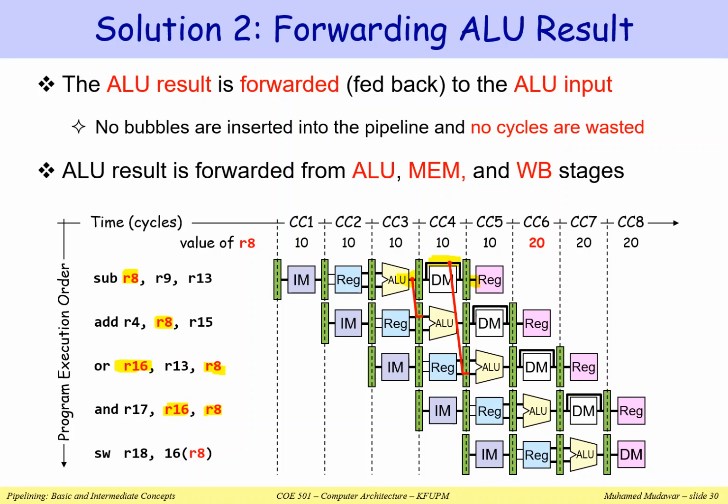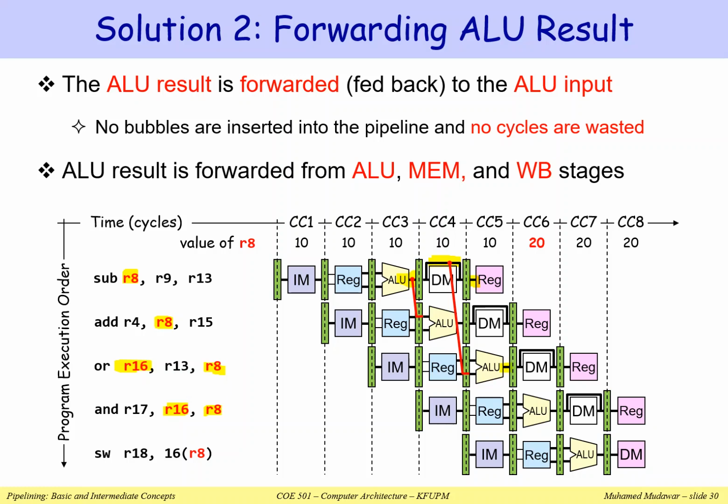So what we have to do is forward the result of the subtract instruction. The result of the subtract instruction is now at the input of the register file at clock cycle number 5, and the result of the OR instruction is at the output of the ALU. So the ALU is executing the OR instruction.